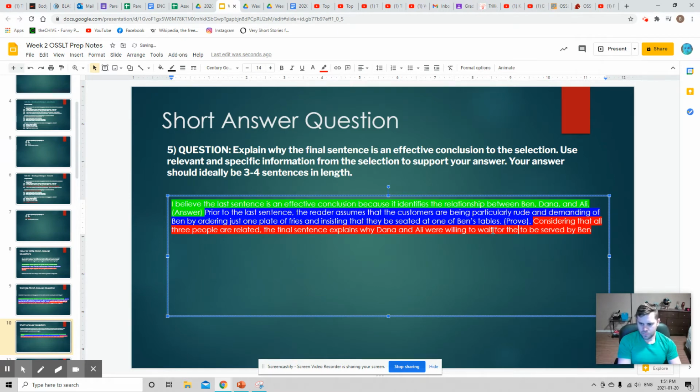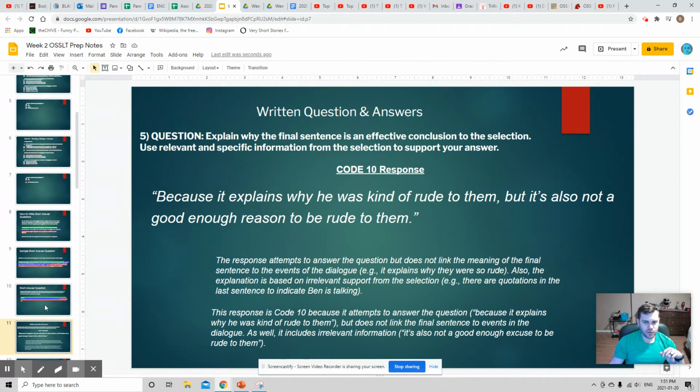Wait for their fries to be served by Ben. Okay. So we have our answer, our proof, and explanation. We're just a little over 4 lines, but that's okay if you're a little over. But it's 3 sentences.